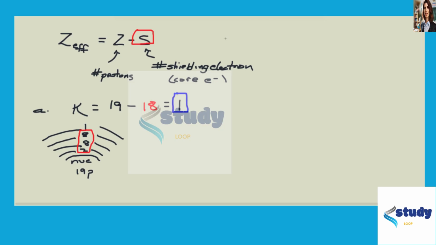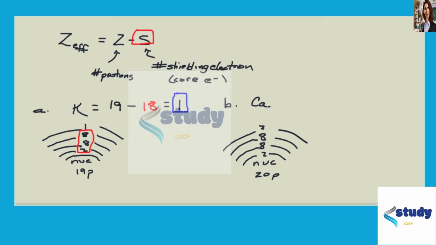And we can do this with some other ones. We can take a look, for instance, at calcium. If we were to do the same thing, we have our nucleus. Calcium has 20 protons in it. And the way that we would have our electrons configured is 2 in the first shell, 8 in the second shell, 8 in the third shell, 2 in the fourth shell.